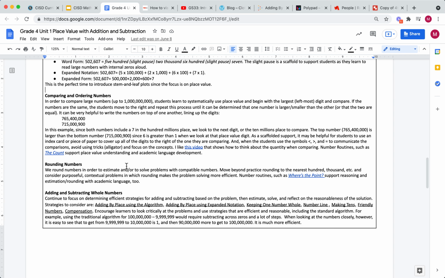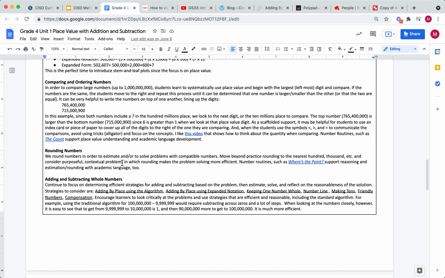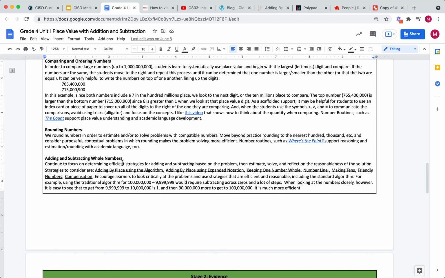Rounding numbers is important because we want the children to estimate and solve problems with compatible numbers. So I really want them to consider the context of the story problem or problem situation when determining how to create compatible numbers. When they learn to add and subtract whole numbers, or continue their learning on this rather, I want them to consider using strategies in a developmental way.